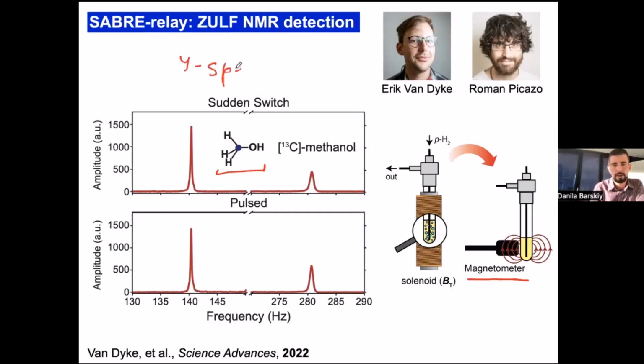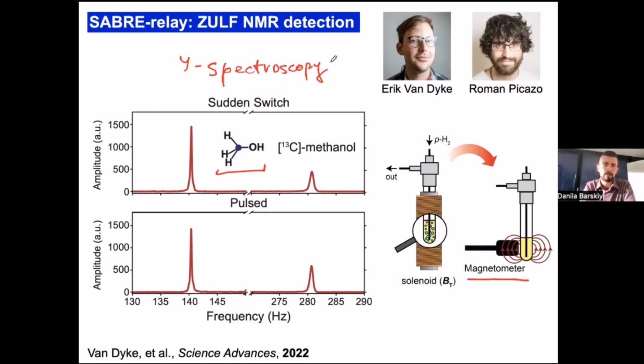This is something new compared to high field spectroscopy. It's still NMR, so we measure interactions between the spins, but we're not using chemical shift to distinguish molecules. We are actually using internal spin interactions such as J couplings themselves to distinguish different molecules.